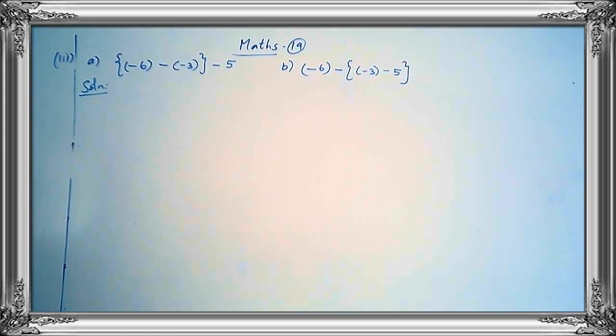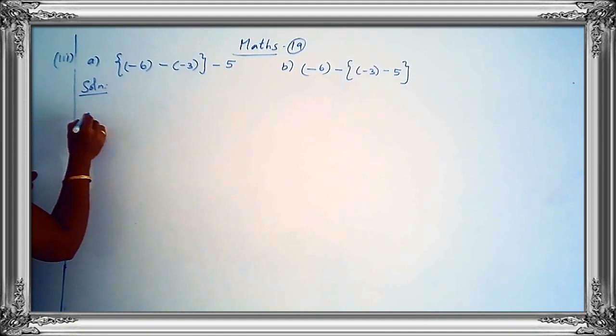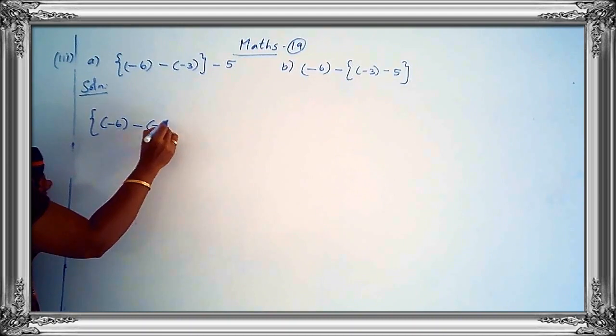The question is, A part is minus 6 minus of minus 3 minus 5. Okay, B part is minus 6 minus curly bracket inside what is there? Minus 5. Sorry, minus 3 minus 5. Okay, so first of all we have to find the value of A part. A part is minus 6 minus of minus 3.